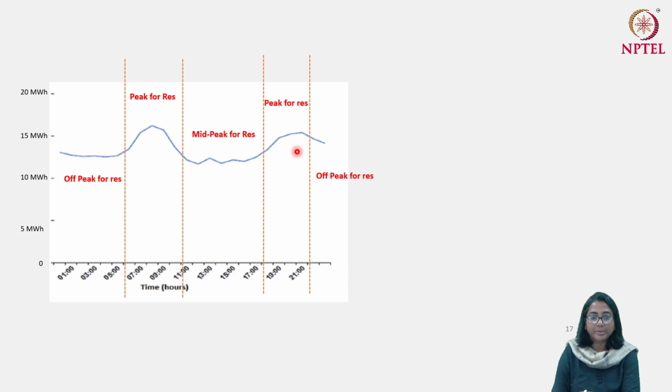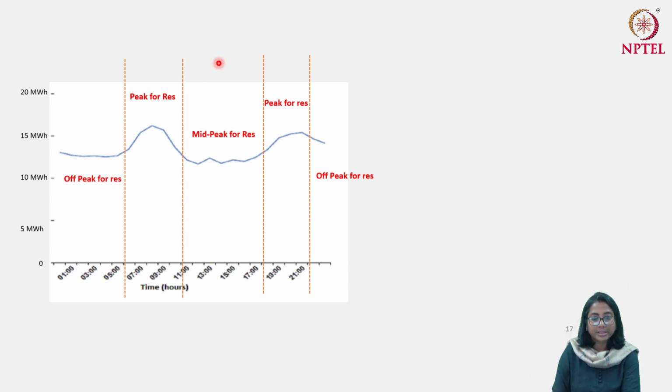This question is very, very important, because if the peak demand for the industrial consumer does not match with the peak period of the residential consumer, and if you incentivize the residential consumers to shift load from peak to off-peak period of the residential sector, then it may actually add to the total load of the peak period of the aggregate demand curve, because the aggregate demand curve is a result of aggregation of the load curve for the residential sector as well as the non-residential sector.